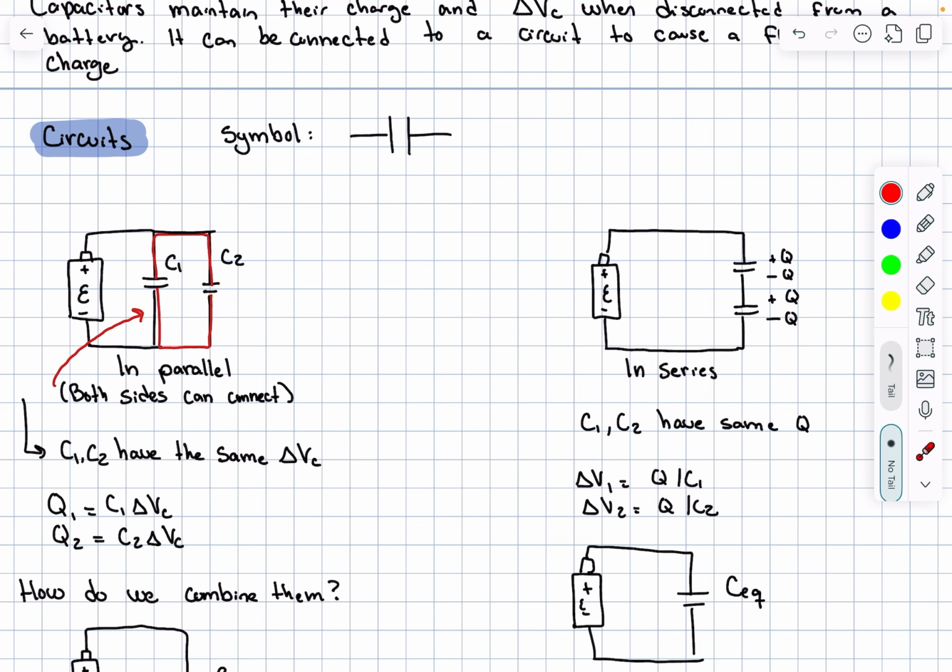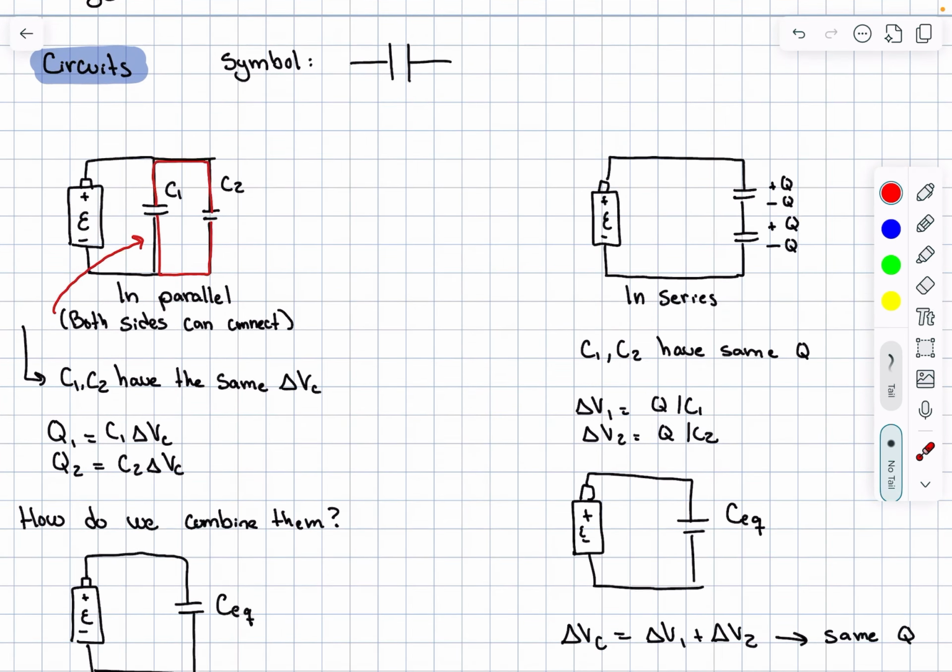All right, so now when we have a parallel circuit like this, we know that C1, capacitor 1, and C2, capacitor 2, have the same potential difference. The idea here is that this positive charge is forced onto this plate here, but there's also positive charge being forced onto this plate here.